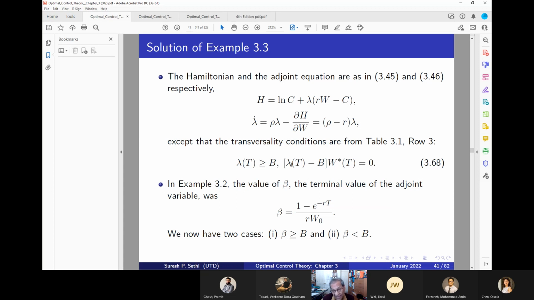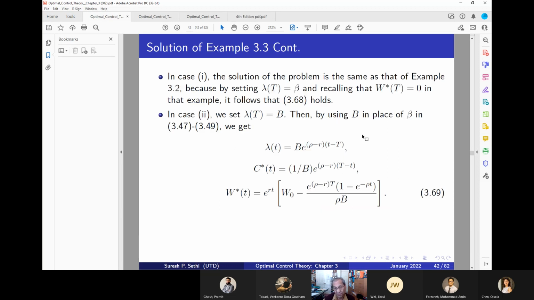And it doesn't matter what this difference is. This difference is positive because beta is bigger than or equal to b, so it's 0 or positive. Regardless, this quantity will be 0. So 3.68 is satisfied. What I'm trying to say now is that in case 1, 3.68 is automatically satisfied if I set lambda t equal to beta. And so my previous problem gives me the solution.